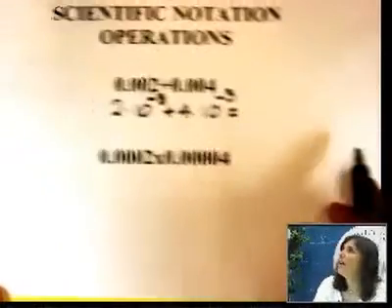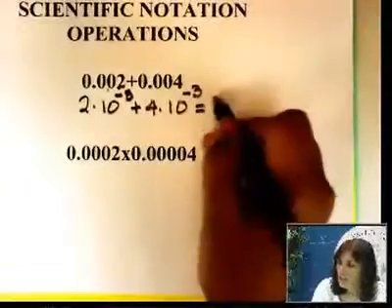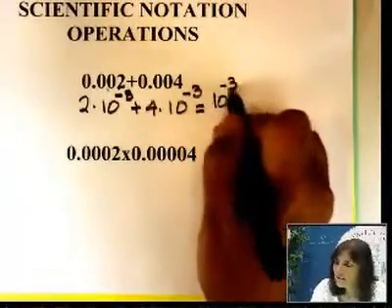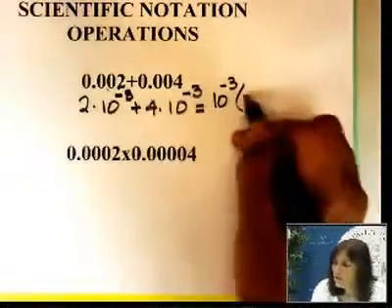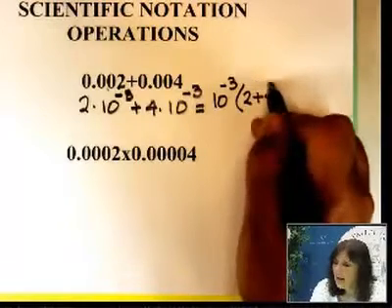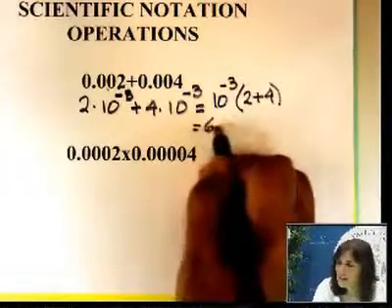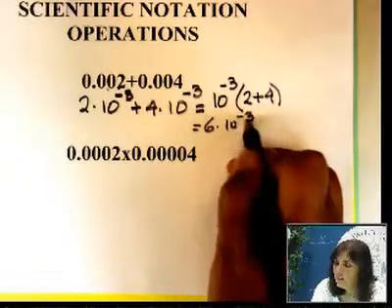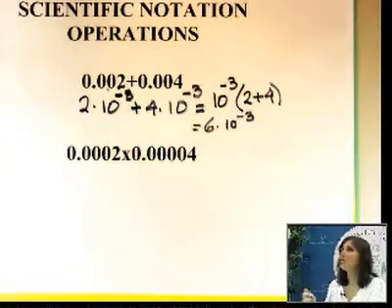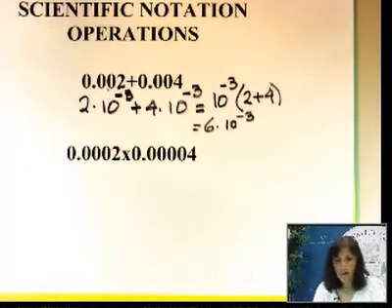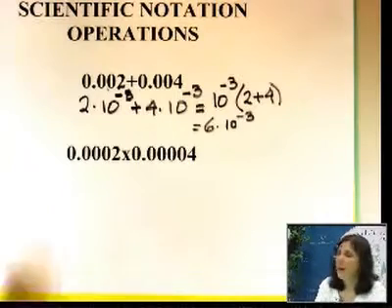Guess what? I can actually factor this out, and 2 plus 4 gives me 6 times 10 to the negative 3. Did that make it a little bit easier? I think so.